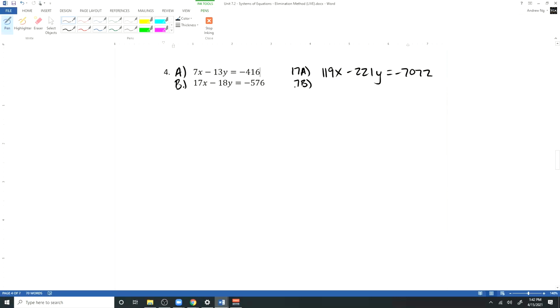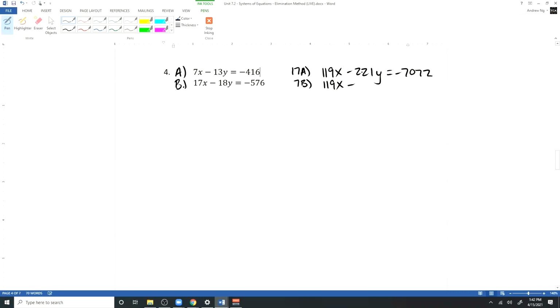All right, now the bottom. Multiply everything in B by 7. So 17 times 7, this had better be 119x, which it is. The reason it better be is because the whole point of this is to get these to match.